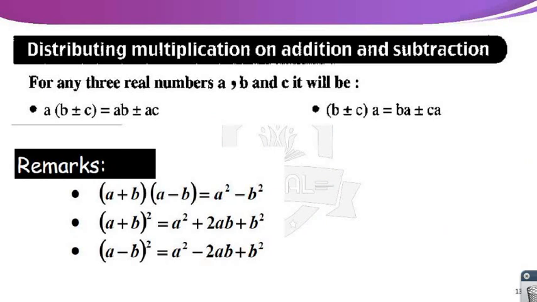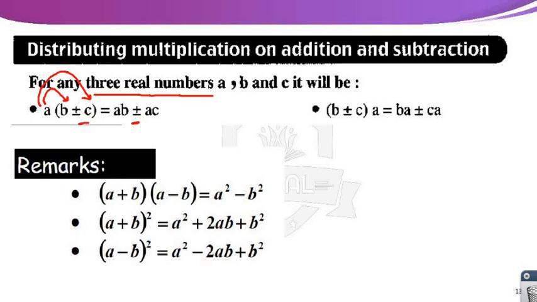Distributing multiplication on addition and subtraction: for any 3 real numbers a, b and c, a(b ± c) equals a times b, plus or minus a times c.